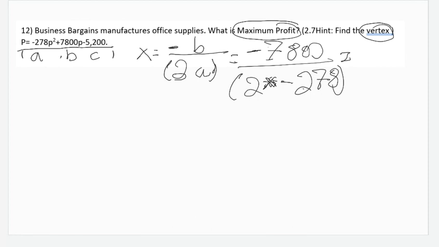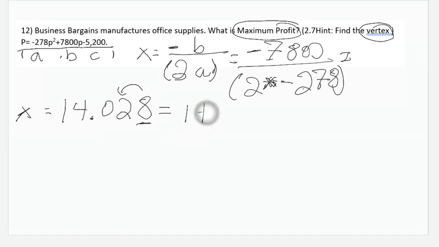Okay, so I got for my x value, I'm going to show you what I got. Remember, 5 and up rounds up. We're rounding to 2 decimal places. So I'm going to round that up to $14.03.